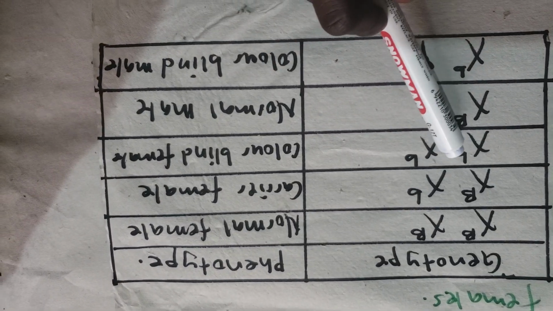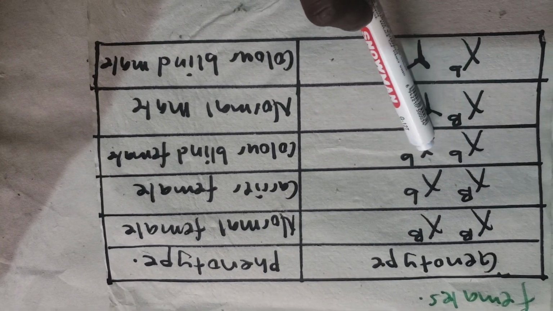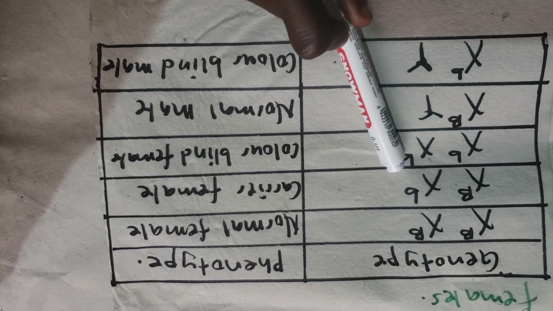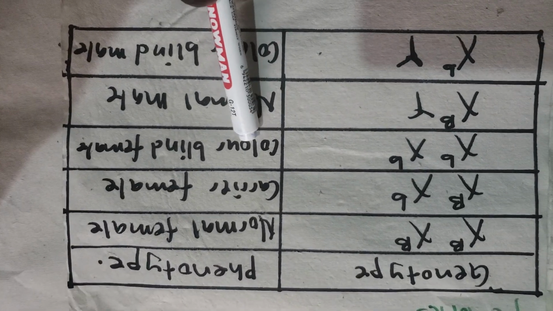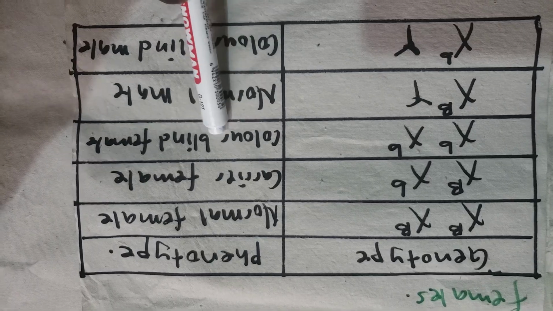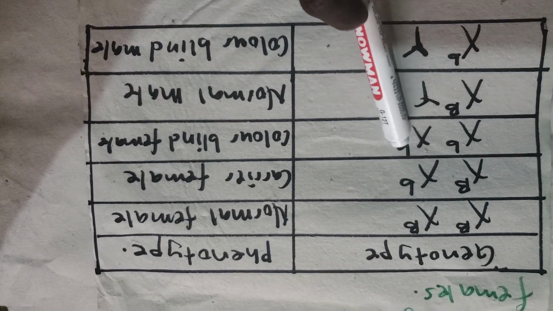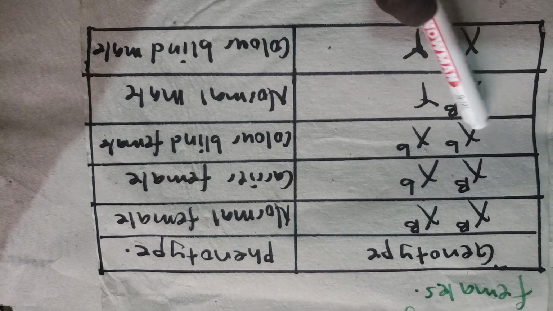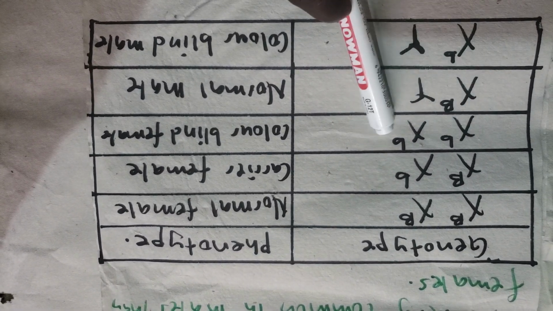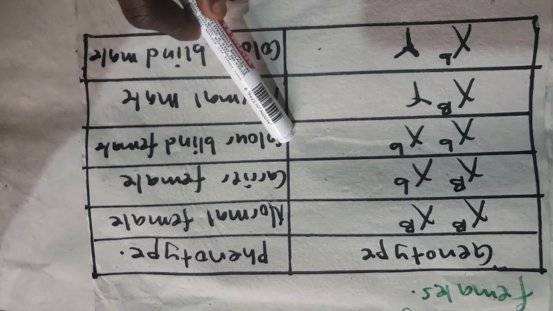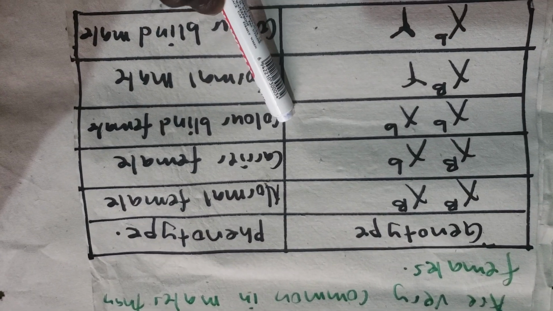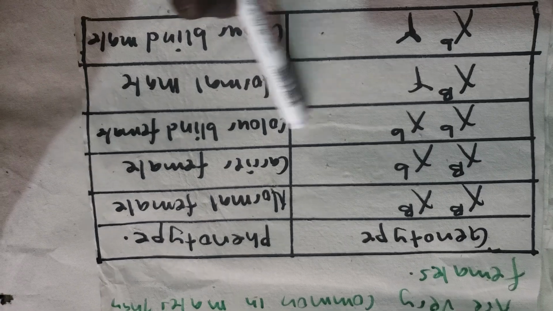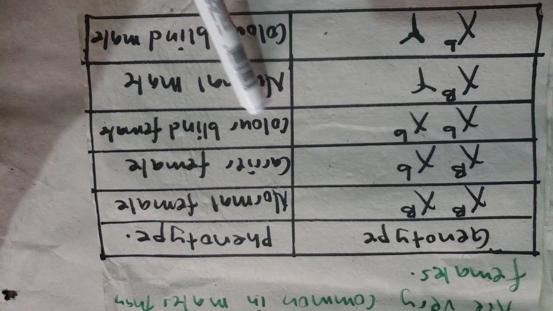Now we are having X small b and X small b. We are saying that this is a color blind female because of this small b. Remember, when it is expressed in a recessive form, it is an indicator that the person is color blind. Since it is a female, it is XX.